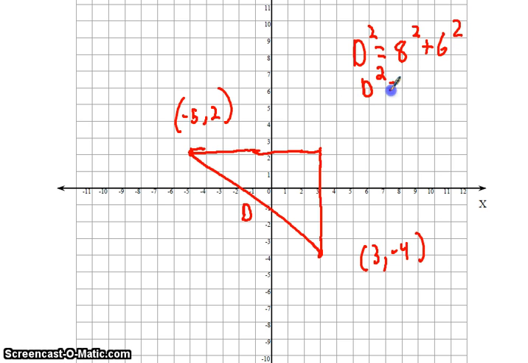Otherwise, D squared equals 64 plus 36. D squared equals 100. Square root of 100 is 10, so D equals 10. That's one way we can find the distance between 2 points, certainly using the Pythagorean theorem, which is what we learned when we did lesson 97.